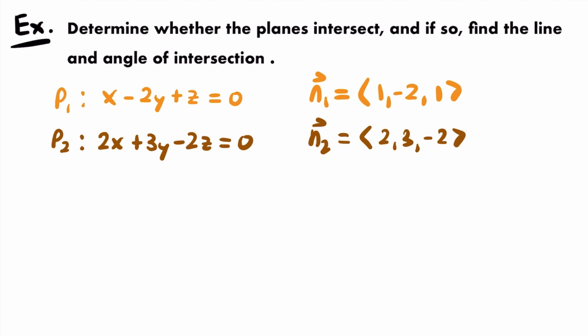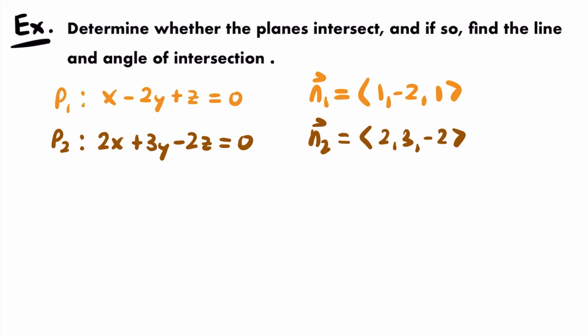All right, when you take the cross product of two vectors and you get 0, that means that the vectors are parallel. And so if that were to happen to you, then you would know that you made a mistake and those two vectors were actually scalar multiples. Okay, but with that, we did conclude that these two vectors are not parallel, and so therefore these two planes are not parallel, so they will intersect and will have a line and angle of intersection that we can find.